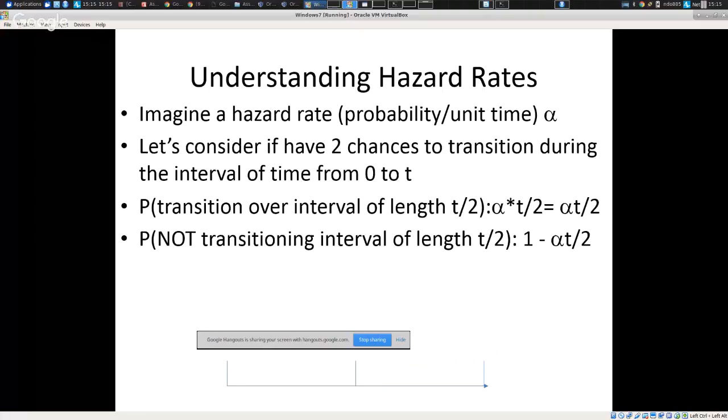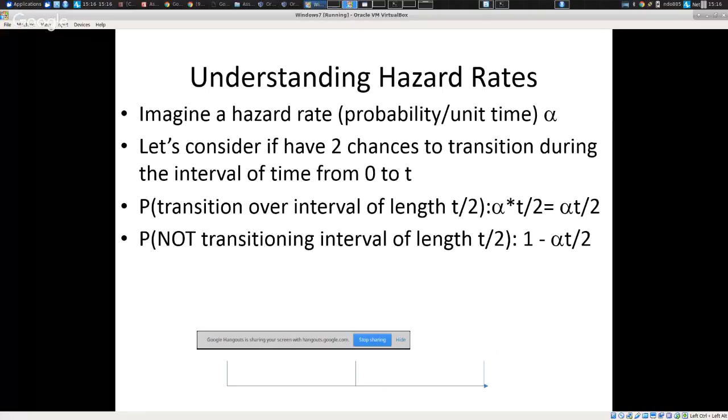Okay? This is, ladies and gentlemen, the hazard rate is probability per unit time. So to get a probability, you multiply it by time. It's just like if you earn a certain salary per month, to get how much salary you earned, you need to multiply it by the number of months that you were working. That gives you dollars. Does that make sense?